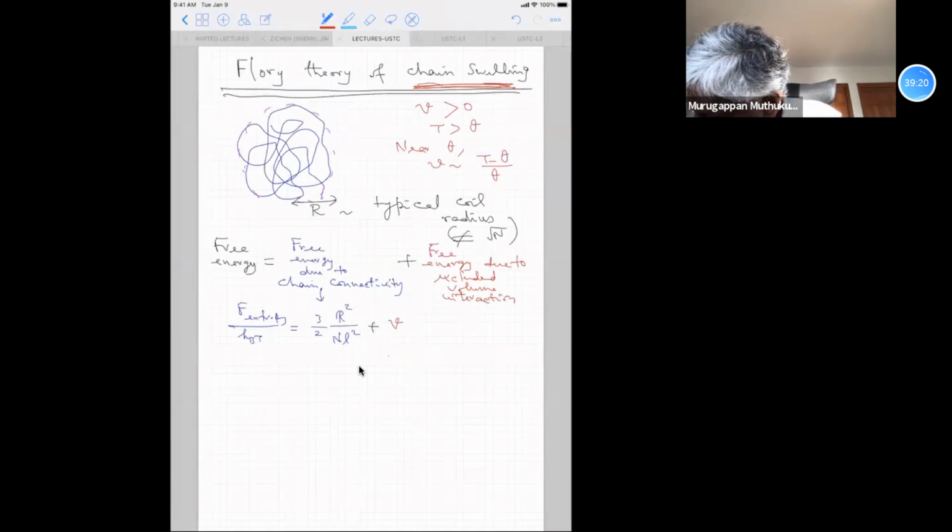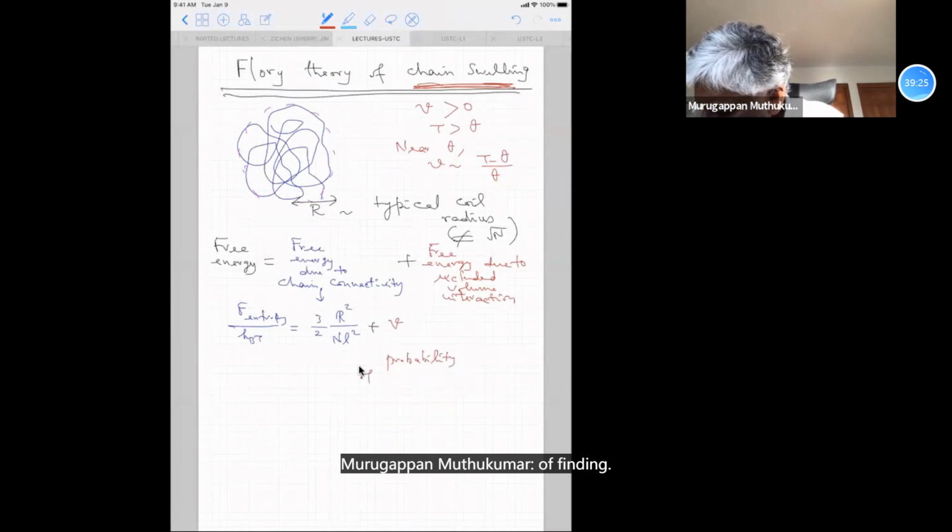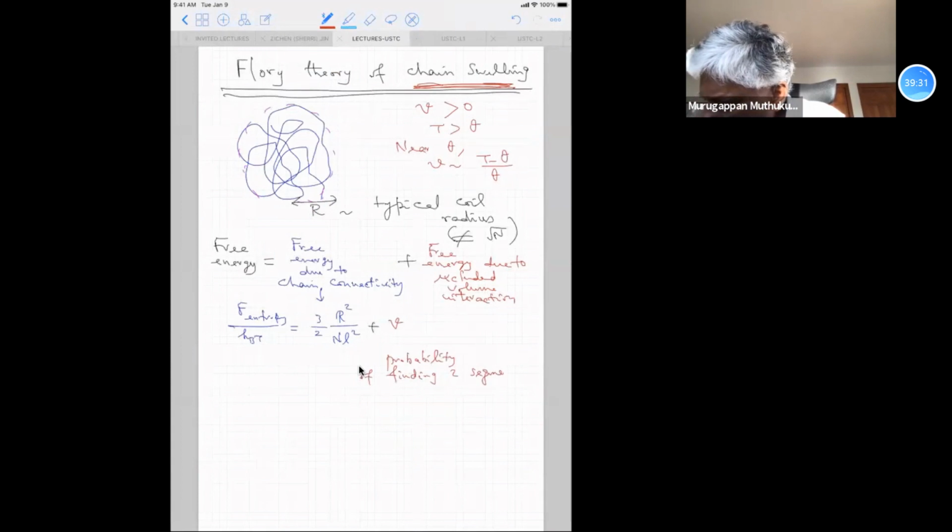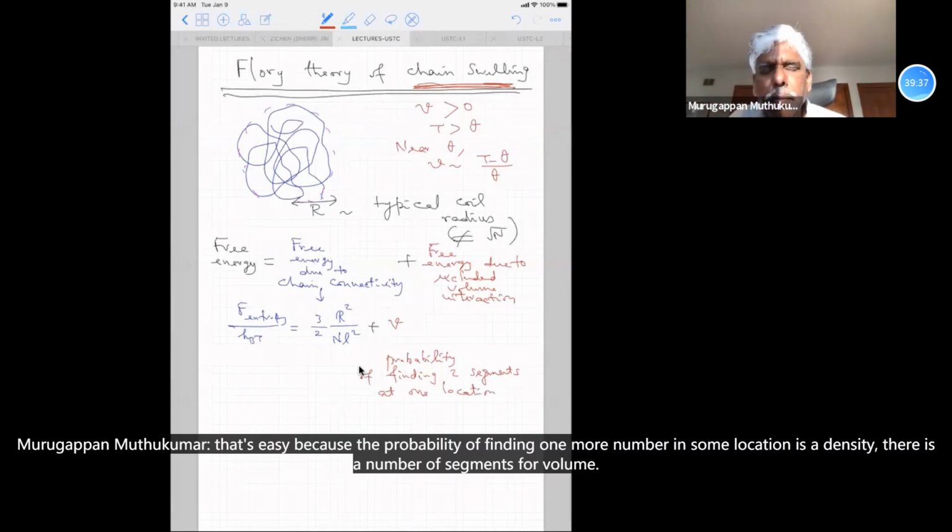Probability of finding two segments at one location. That's easy, because the probability of finding one monomer in some location is a density, that is number of segments per volume.